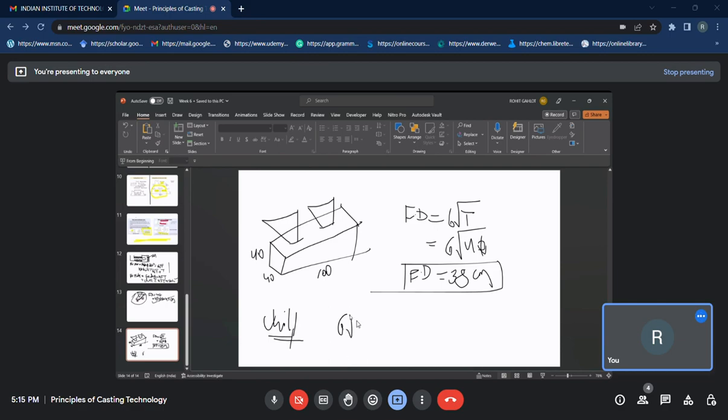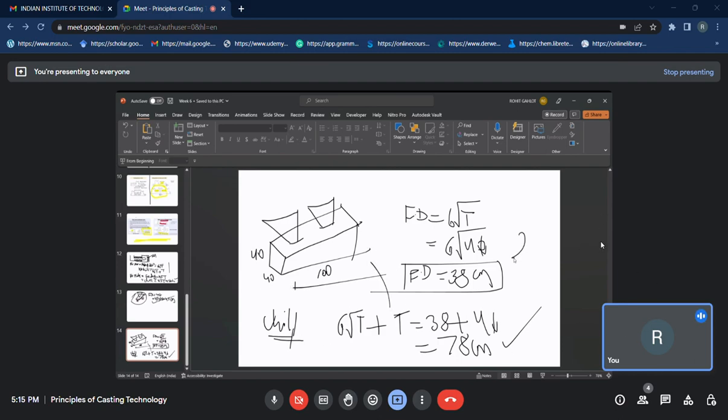For the chill case, the feeding distance is 6 root t plus t. Your 6 root t is 38, which we have already calculated, and your thickness is 40. So this will come around 78 centimeter. It can feed around 78 centimeter only, but you need to feed your casting up to 100 centimeter.